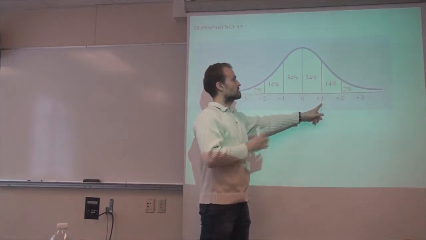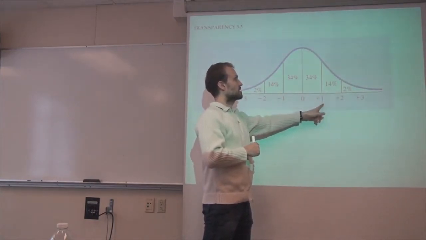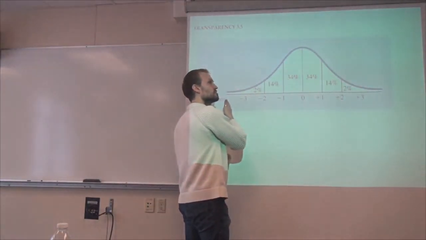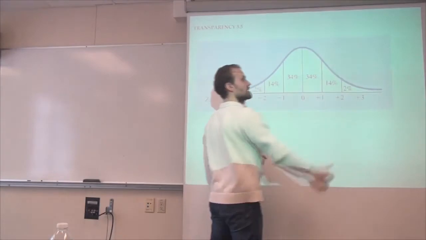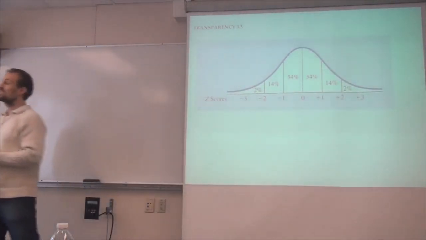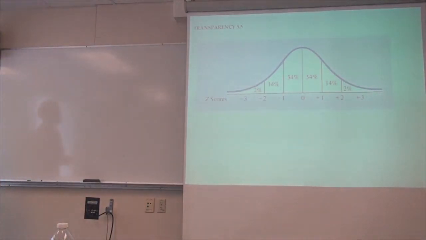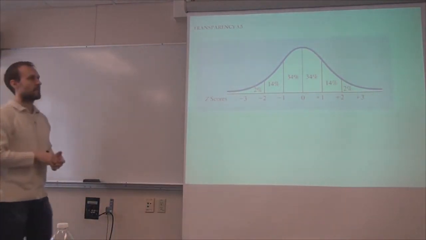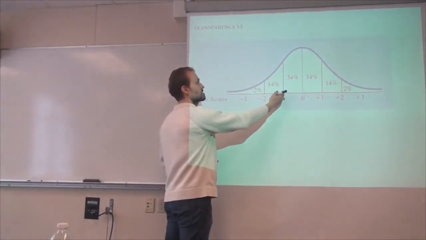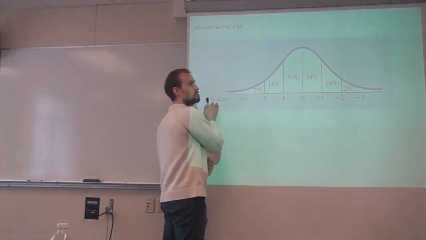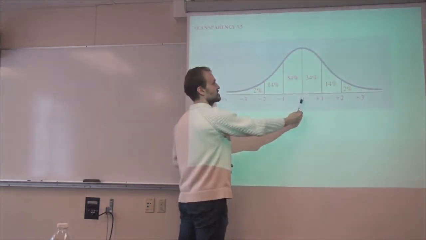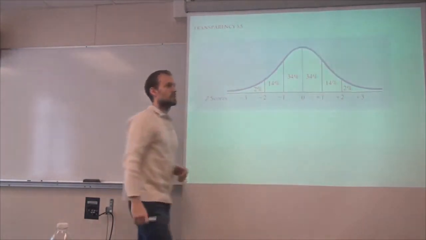The z-score of 1, roughly speaking, will be the 84th percentile, because 84% fall below that, 16% above that. What would be the 16th percentile? 16th percentile, separating it 16% below and the rest above. 50th percentile, 50 below, 50 above.